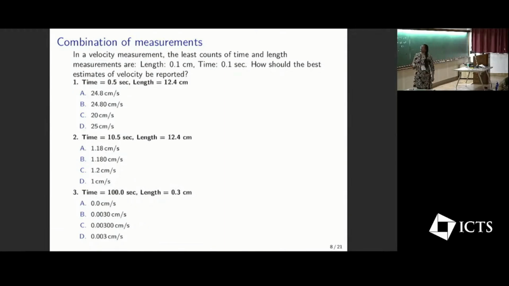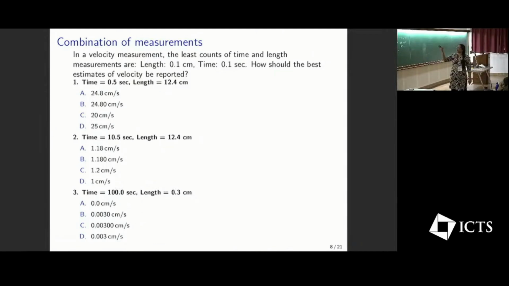What about the next one? How many significant digits are there in the first? 4. What about 0.3 centimeter? 1. So which of these has one significant figure? D has one significant figure.